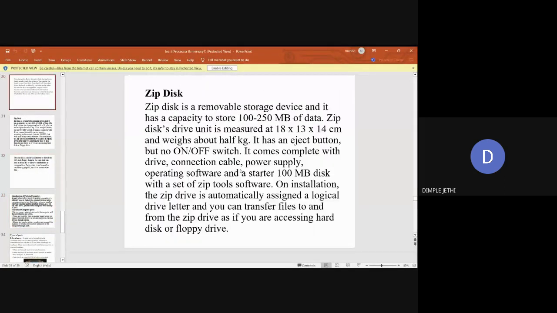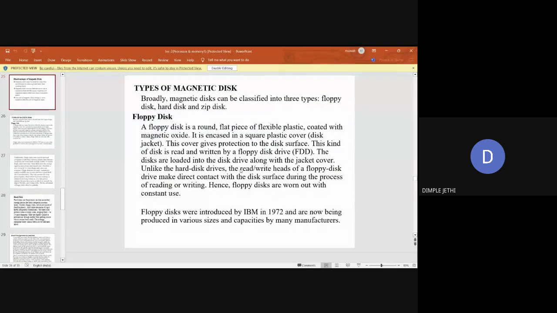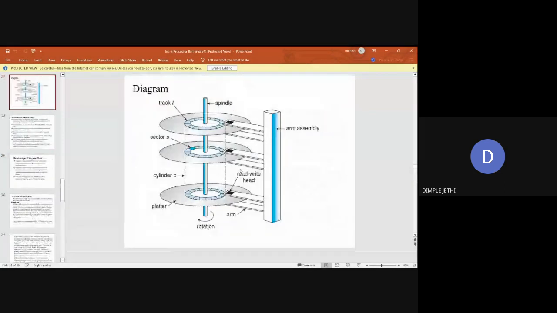Yeah, one thing I forgot, like if you have three platters, so there will be six sides, right? Because as I said, data can be stored on each side of the disk. Is it clear? Now, data is not stored on the top of the first disk and on the bottom side of the last disk.